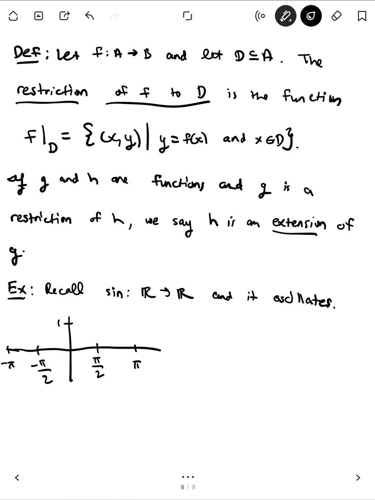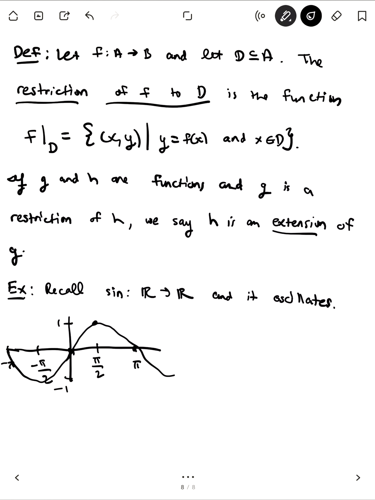Right, so here's 1, here's -1, and say this is 0. At 0 it's at 0, at pi halves it's at 1, and then at pi it comes back to 0, then does something like that, and it's an odd function, so it does something like this, right?